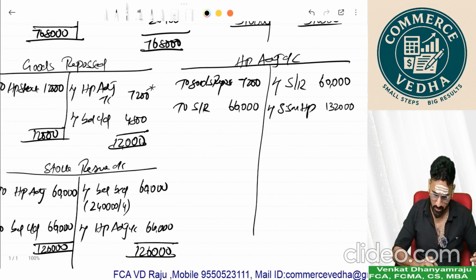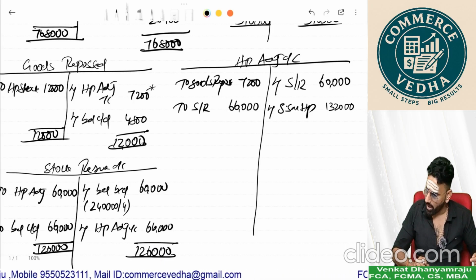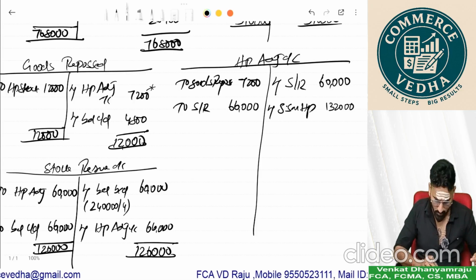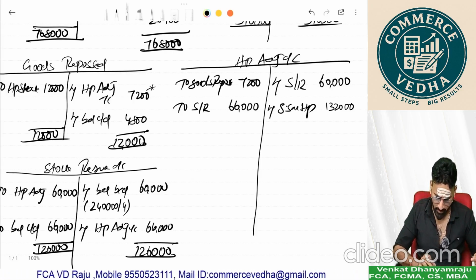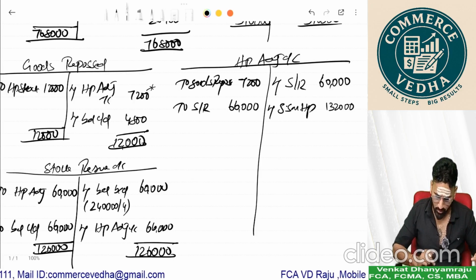So 132 plus 60 minus 66 and minus 7,200. That is 132,000 plus 60,000 minus 66,000 and minus 7,200.